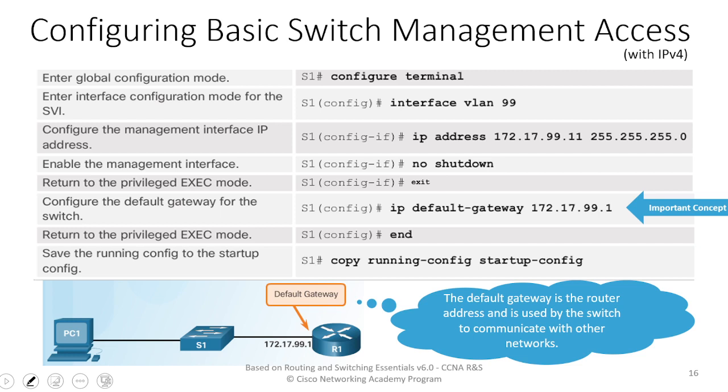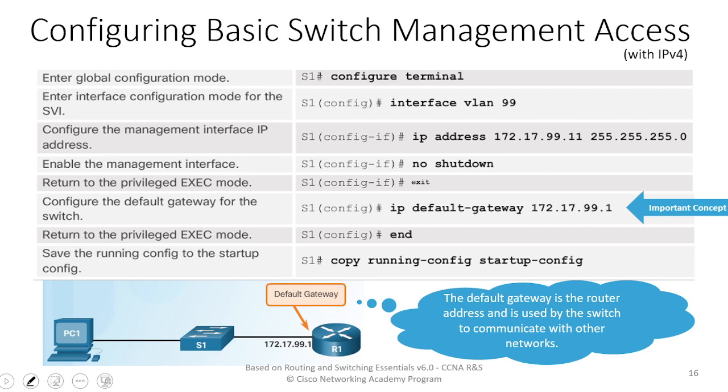With the configuration steps, there are a few things that we may do. One is about configuring. If we have a management VLAN, then we need to put that SVI, the switch virtual interface, into that management VLAN so that we can make that connectivity. We need to configure that interface.